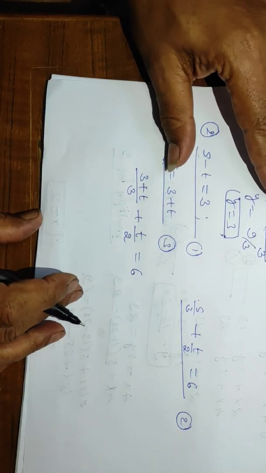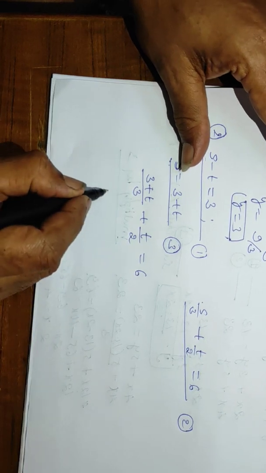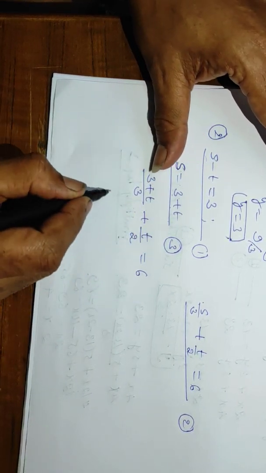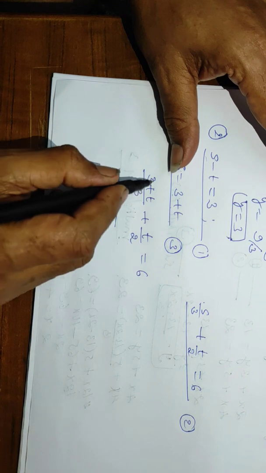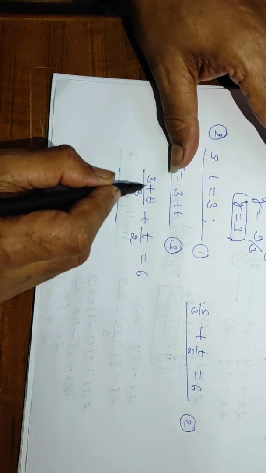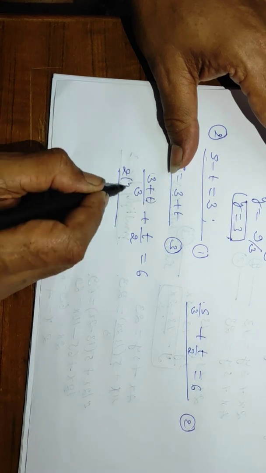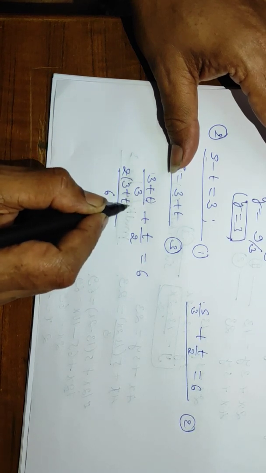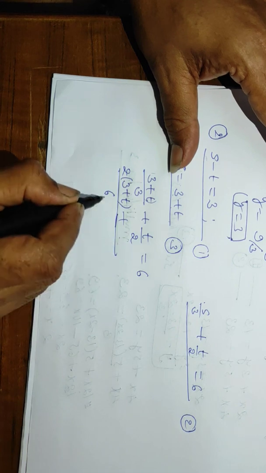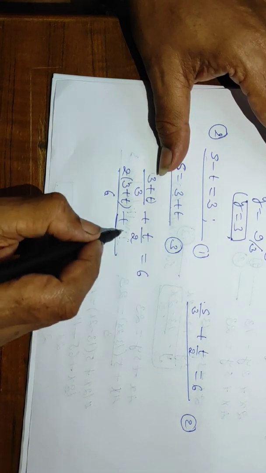Here, the LCM is 6. Let me simplify the LHS. 3 2s are 2 into (3 plus t), plus 2 3s are 3 into t.